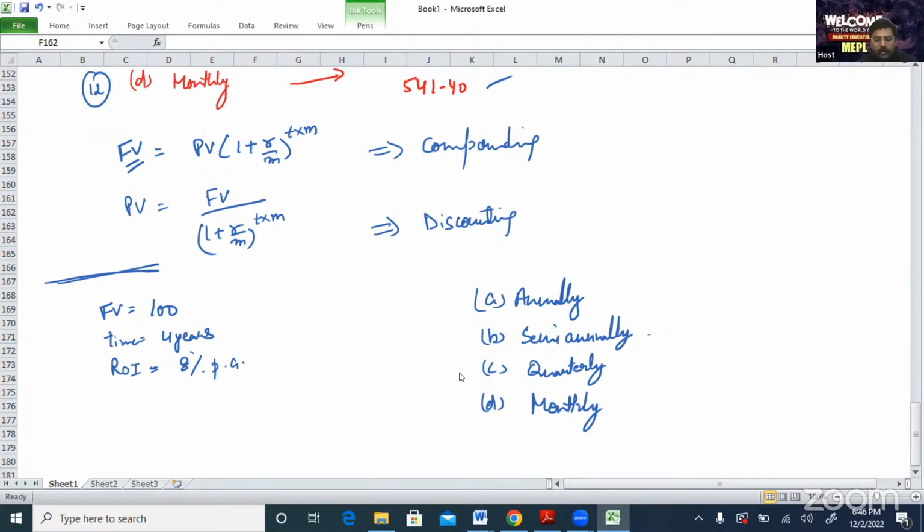PV we have to calculate. PMT should be 0. Future value is 100. Compute present value. That is coming 73.5029.